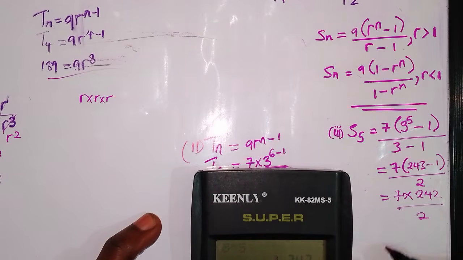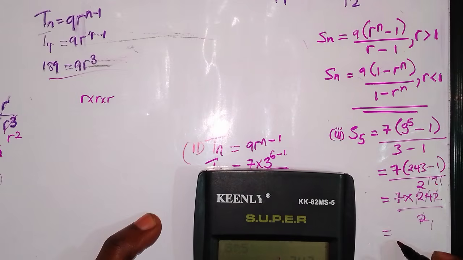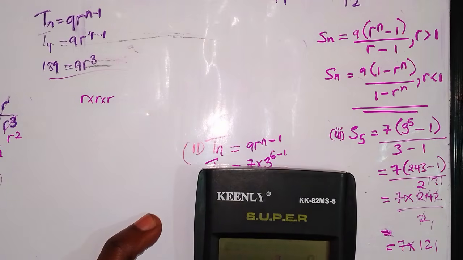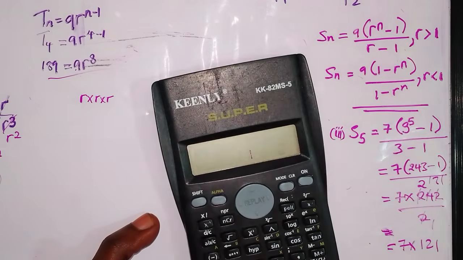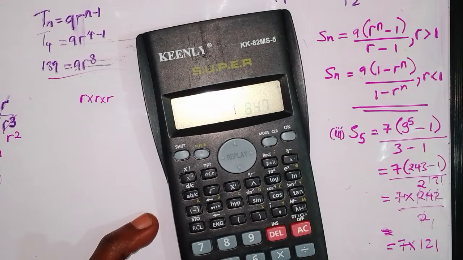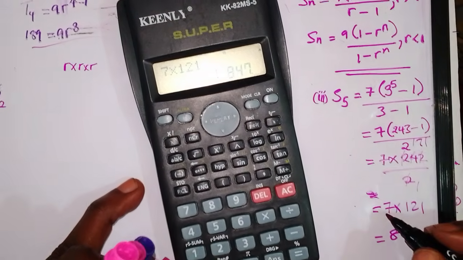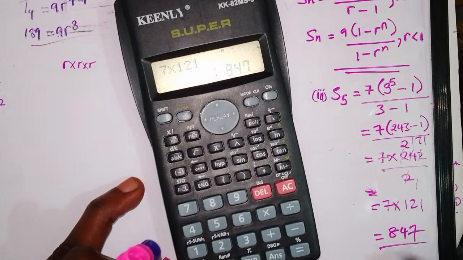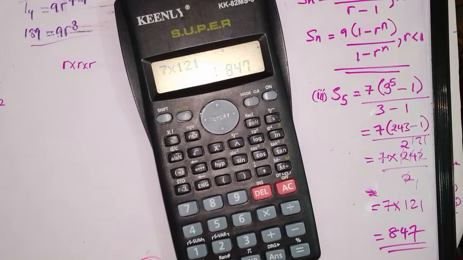So if it was paper 1, you can just say 2 here 1, 2 here 1. So you have what? 7 times 121, which gives us 847 as our sum of the first 5 terms.